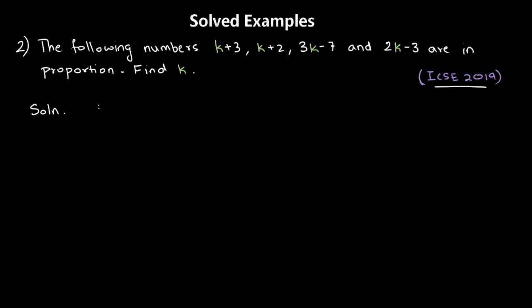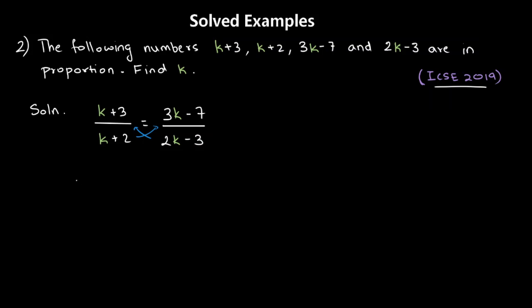So I can say (k plus 3) divided by (k plus 2) is equal to (3k minus 7) divided by (2k minus 3). Right. So this is basically given to me. Now if I want to find the value of k, all I need to do is cross multiply and frame an equation and then solve it.